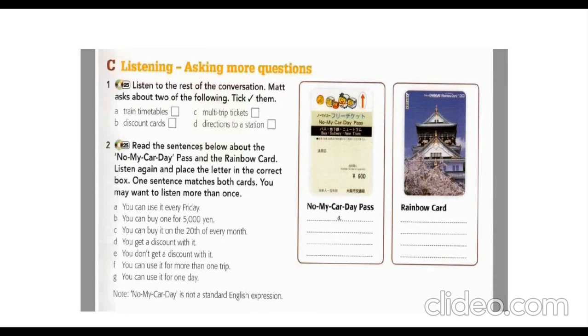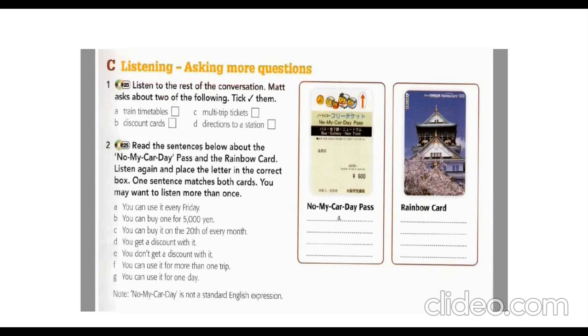If you buy a Know My Car Day discount pass, you can go everywhere on the underground for a whole day, and it costs 250 yen less than a normal day pass. That sounds good. But it's only available every Friday or the 20th of every month. So you can only get it on those days? Yes. Do I get this discount pass from normal ticket machines or from special ticket machines? You can buy them from all stations, from all ticket machines. Okay, right. The normal ticket machine.